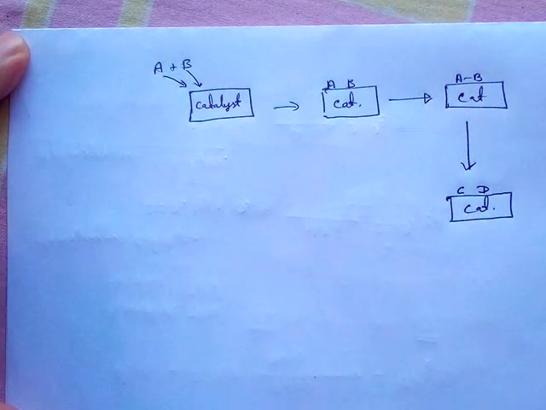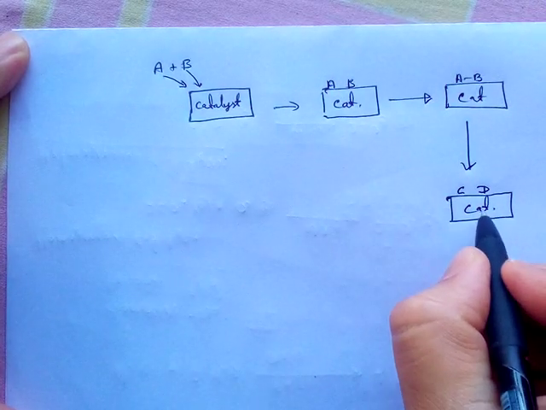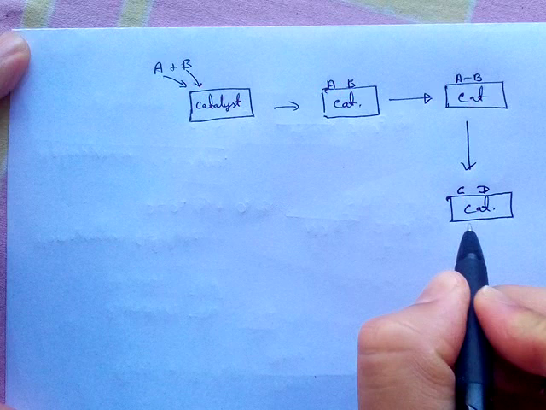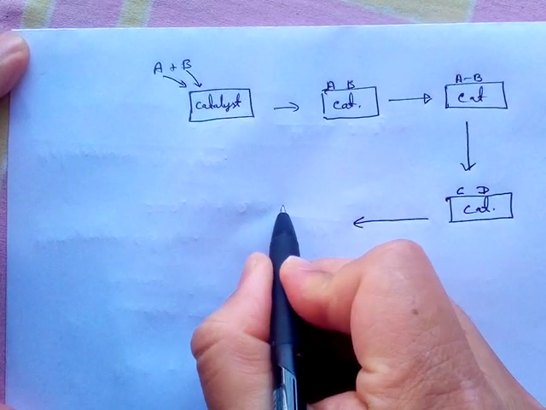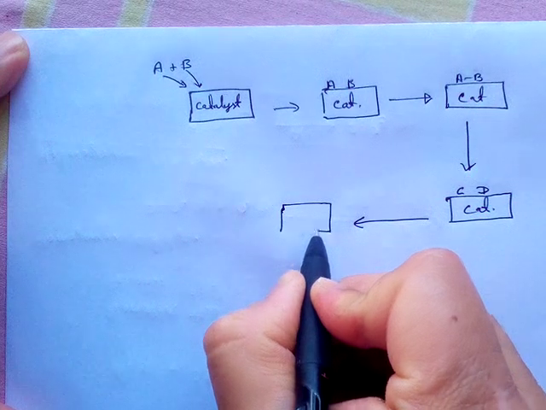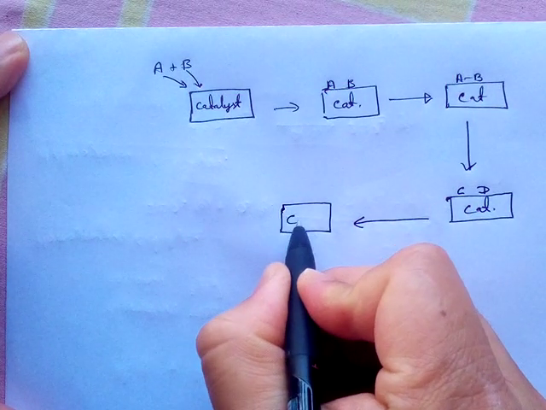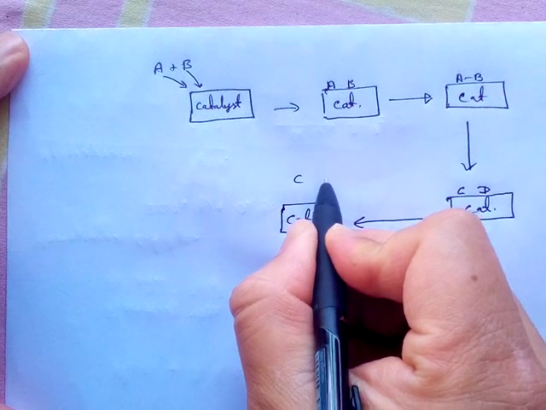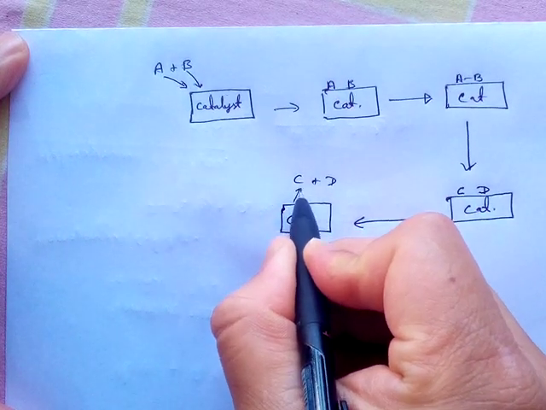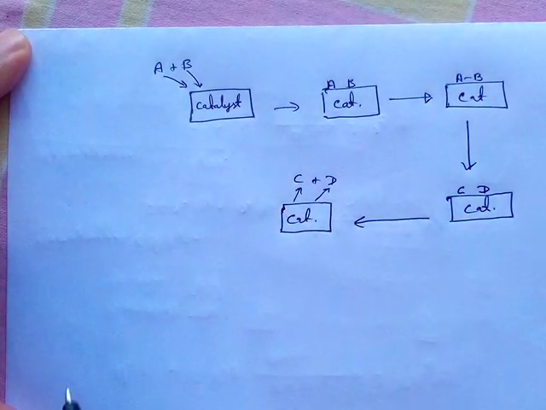Since the product has no affinity towards the catalyst, it goes away from the catalyst. So the diffusion of the product away from the catalyst. So these are the steps of a heterogeneous catalysis reaction.